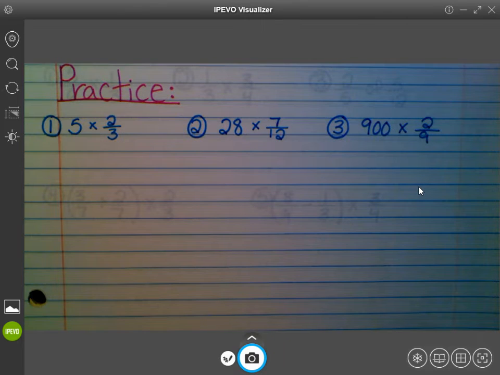Remember, how many times your denominator goes into your number, that's your whole number. Hi, Ashley. Can you go like how many times 12 is in?